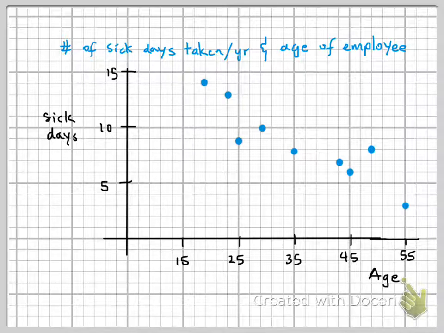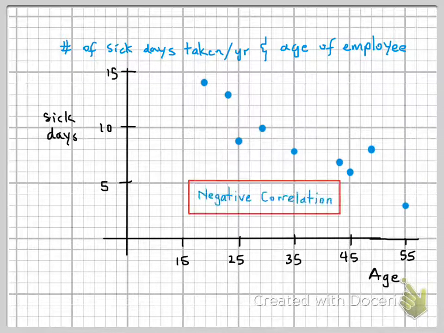They take almost 15 days, 14 days there. As opposed to a person who is older, like the 55-year-old guy, he only takes about 3 days, right? So that's falling. You would say that these variables are negatively correlated. So there's a negative correlation between these two variables here.